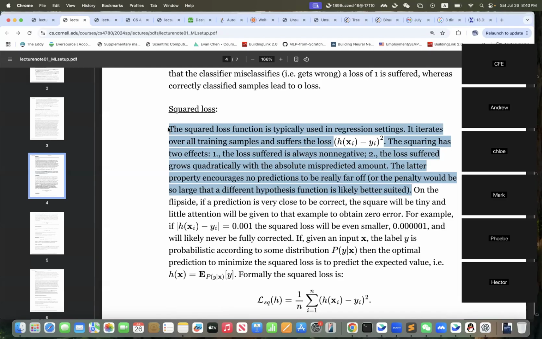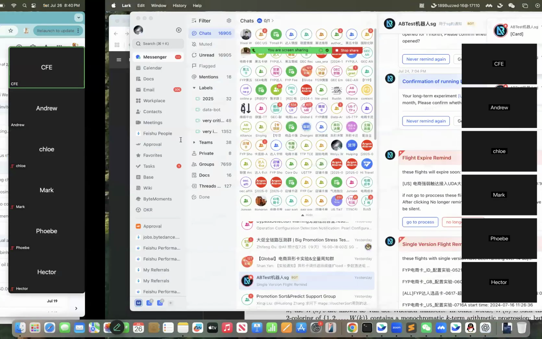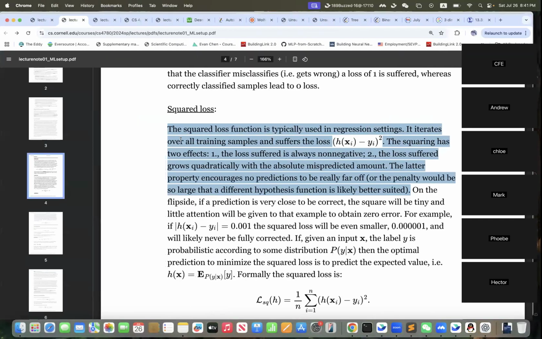Very cool. So maybe Andrew, can you say some properties of this squared loss based on this paragraph? Could I just rephrase the two things?